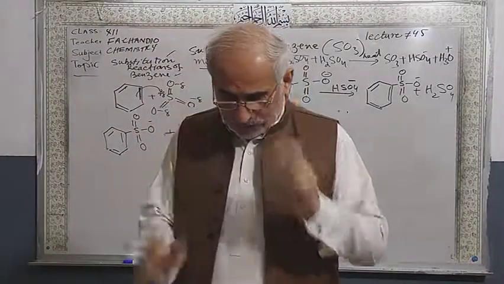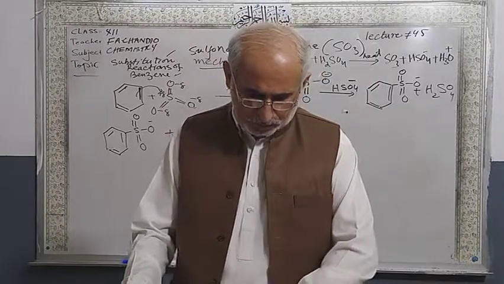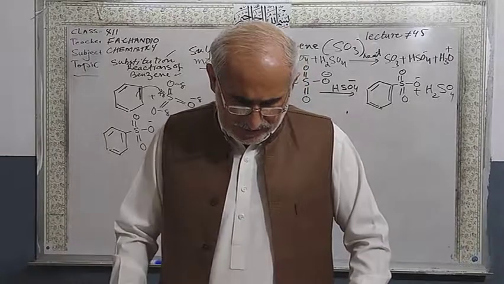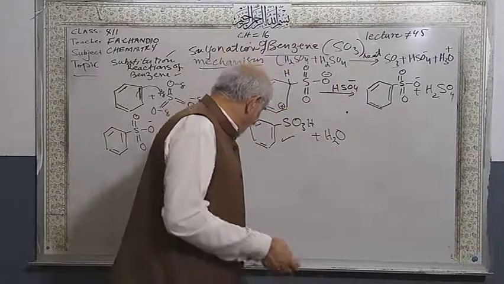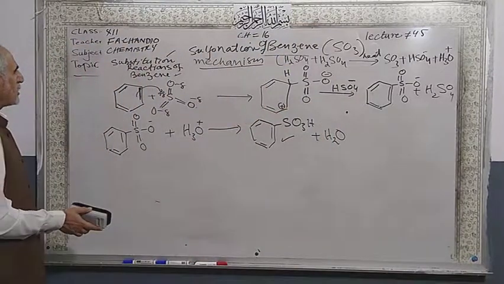These are very important electrophilic substitution reactions. Halogenation, which I told you about in the previous lecture, I am going to repeat again with bromine. So dear students, write this down.